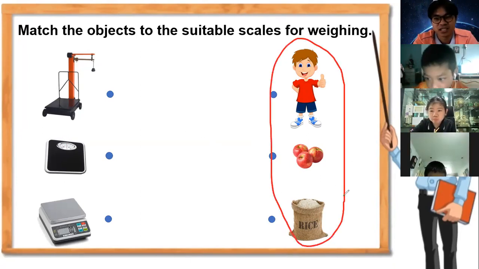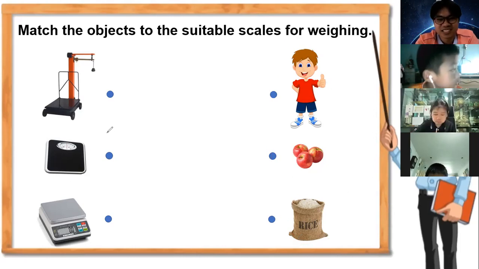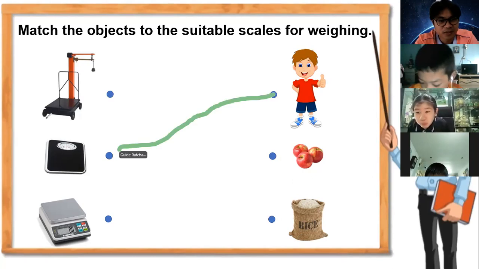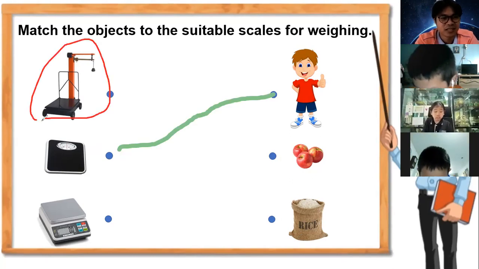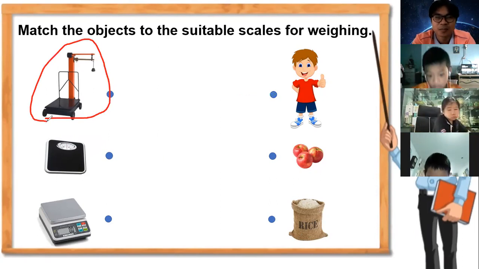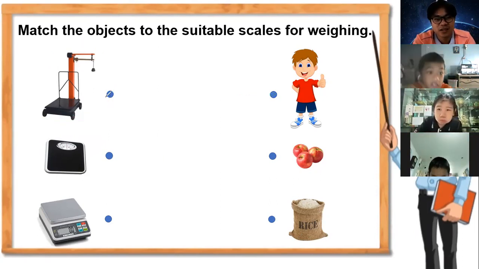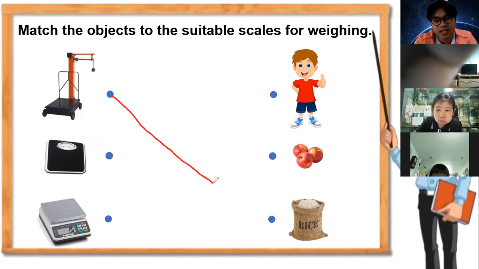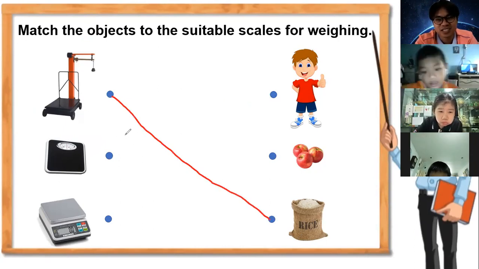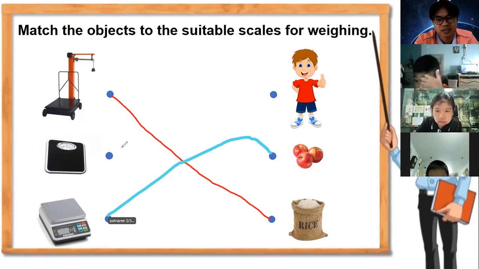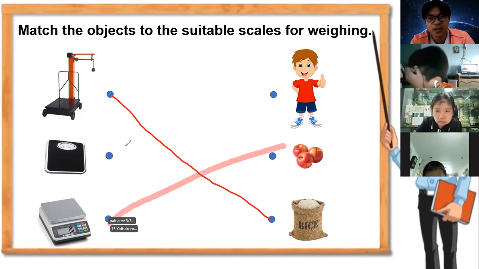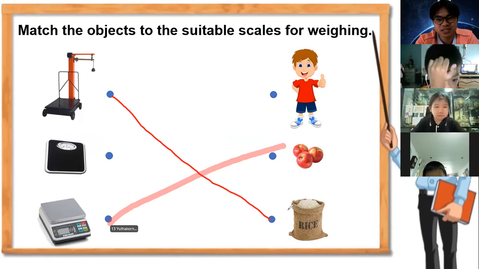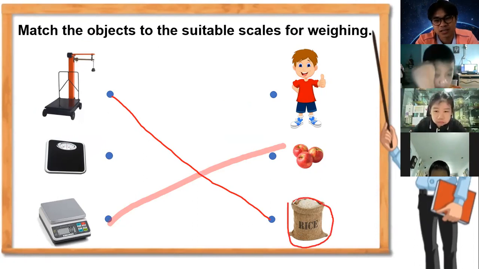Yes, this first one is a platform scale. Rice, yes, this one is correct. So take note, for this measuring scale, the appropriate object is one sack of rice, something like this.